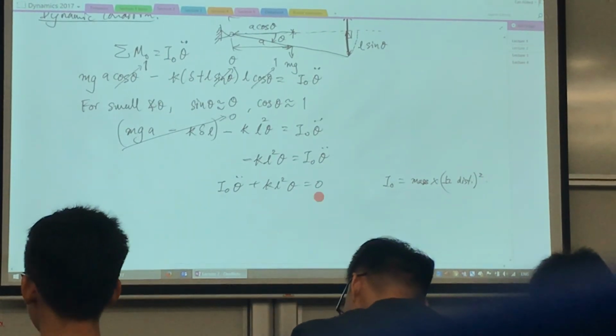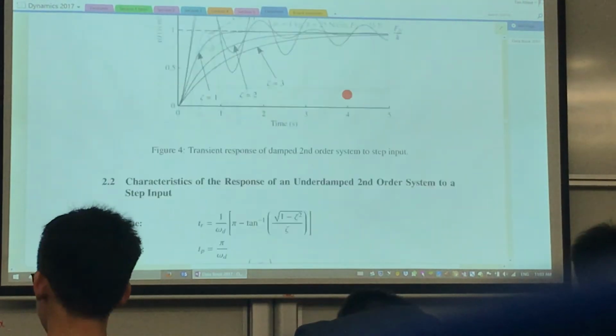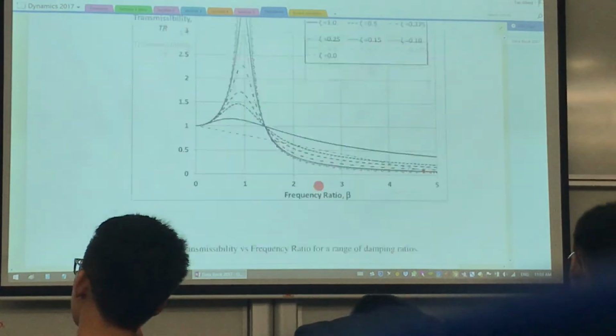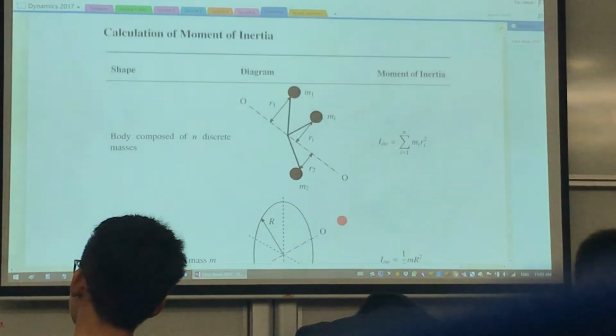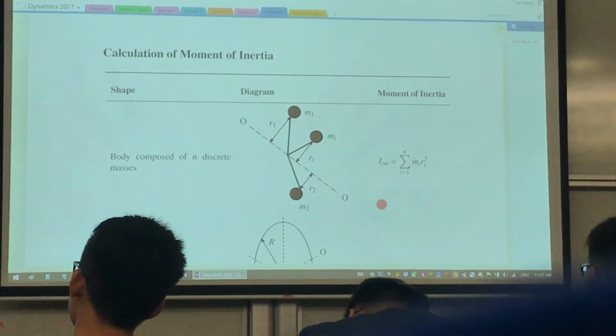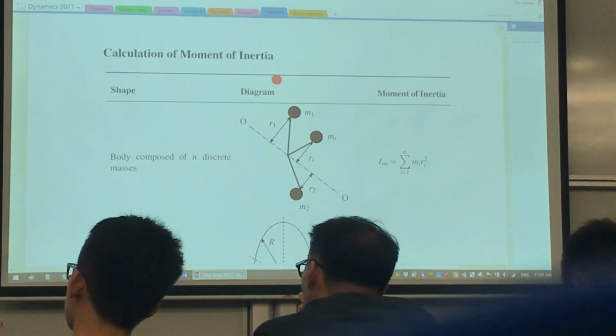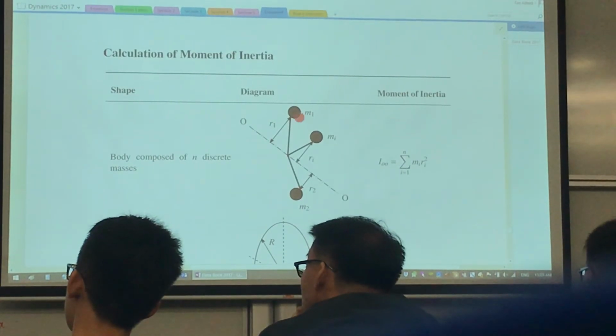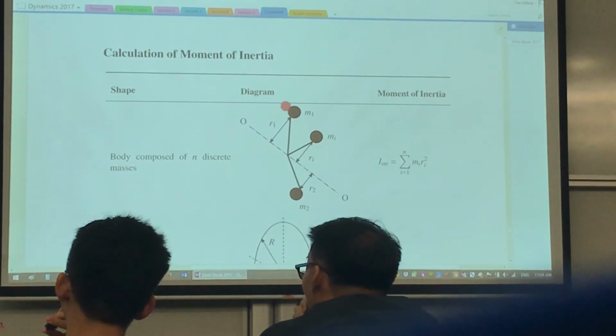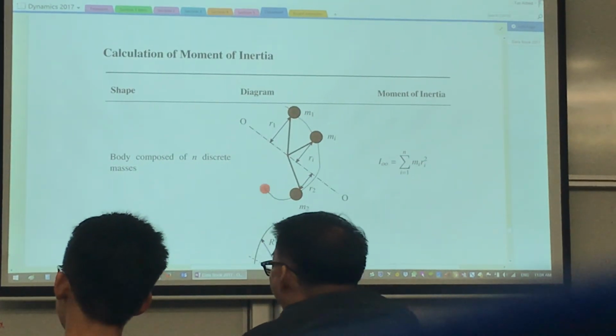So I'll come back to this page again, just referring you to your data sheet. Toward the end of your data sheet, you get to see this moment of inertia table. This figure actually confuses a lot of people, but I want you to know that there are different point masses, and they are all in the same plane.